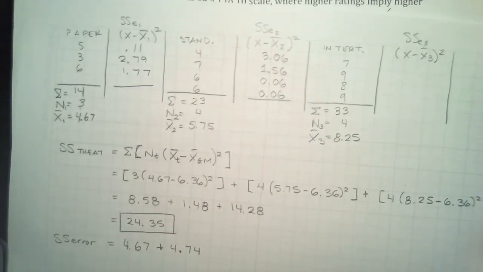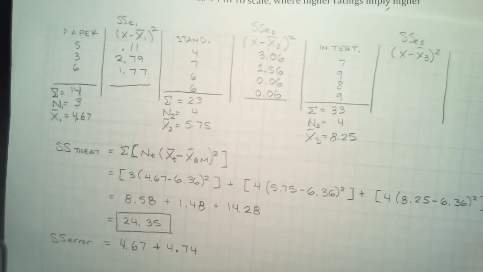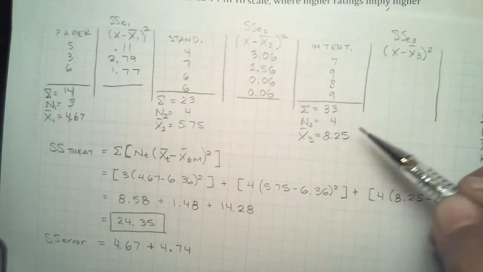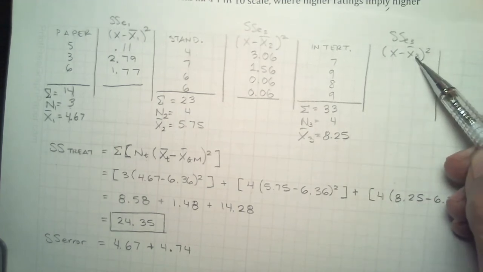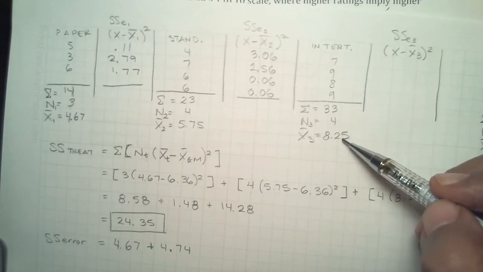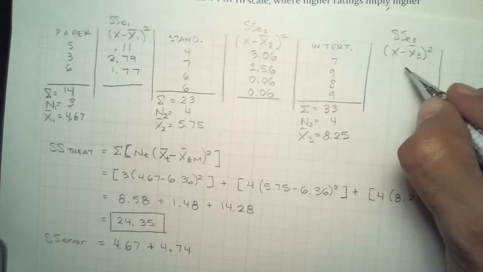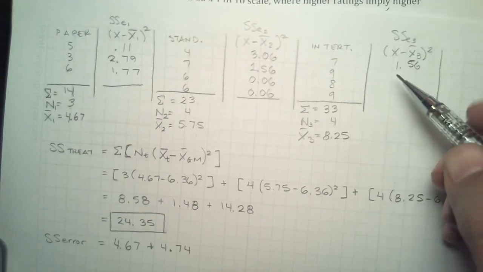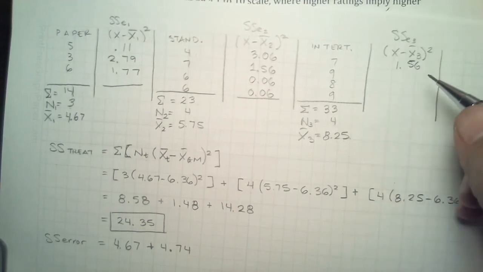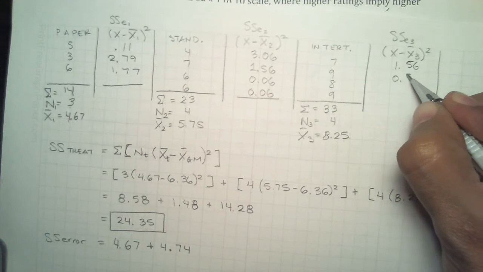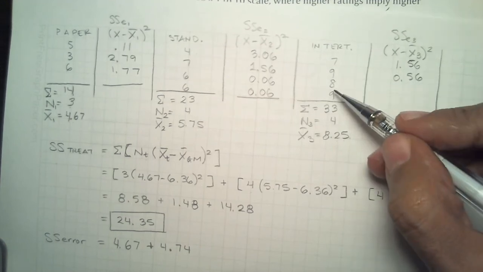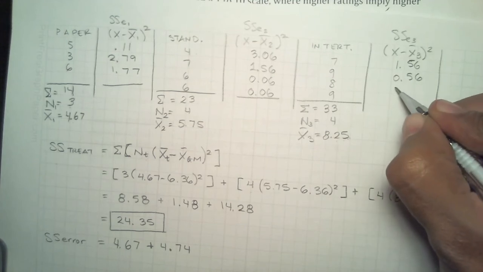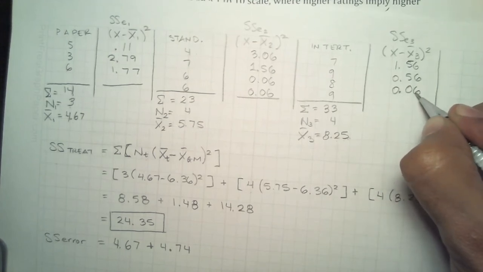So now I just need to do it for the third group. 7 minus the group mean, so individual score minus the group mean. 7 minus 8.25, and I square that, I get 1.56. 9 minus the group mean squared, 0.56. 8 minus the group mean, I square that, 0.06.